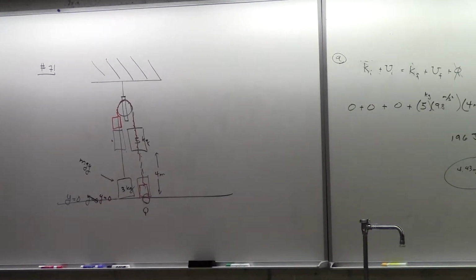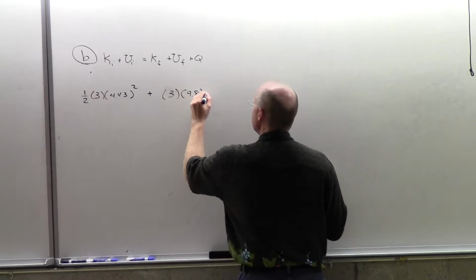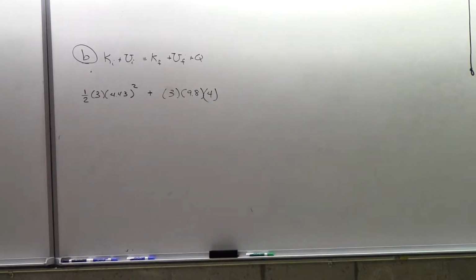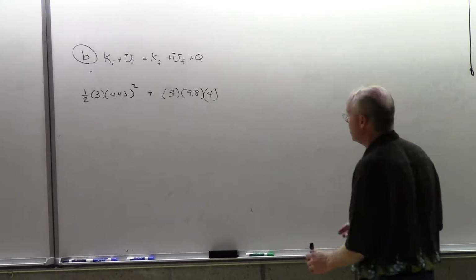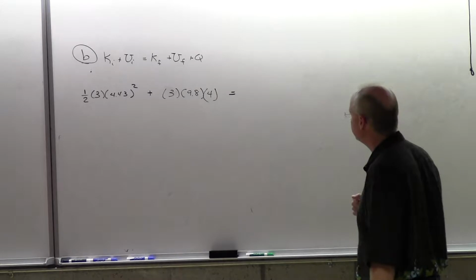So that is its kinetic energy. And its potential energy is mg, and there's the h, the 4 meters, if you're going to call the ground 0. So it does start off with an initial potential energy.